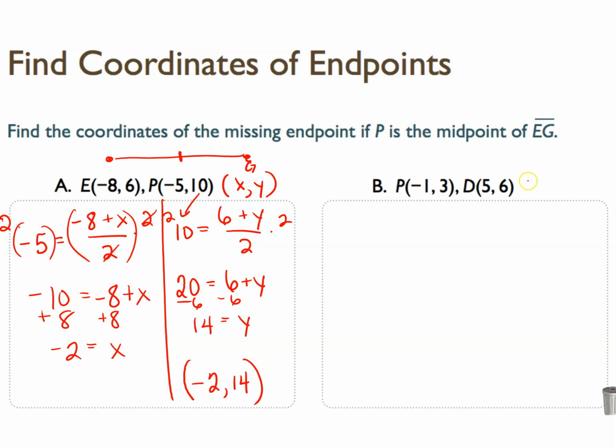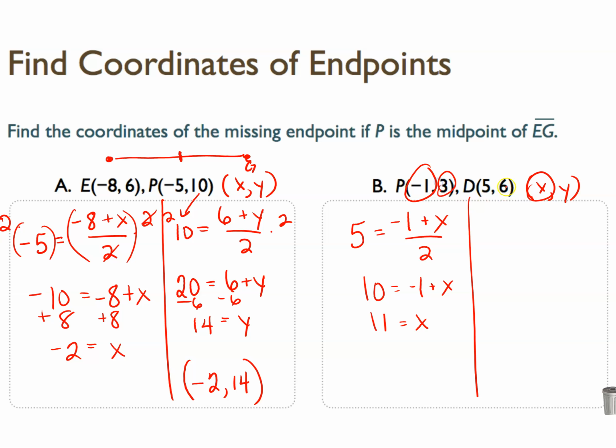Okay, so you're going to do the same thing over here. XY is your endpoint. So you're going to add the ends and set it equal to the middle. 5 equals -1 plus x. Solve it. Add 1 to both sides.